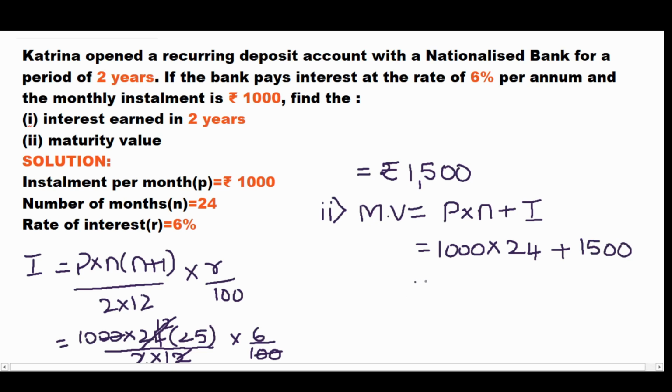So we get 24,000 plus ₹1,500, so altogether the maturity value becomes ₹25,500. Please don't forget to put the symbol. Therefore the interest is ₹1,500 and the maturity value is ₹25,500.